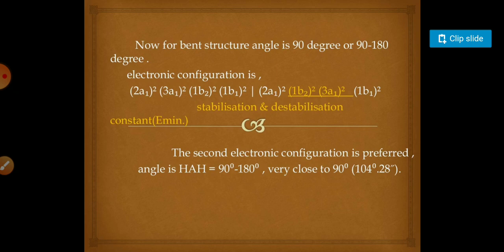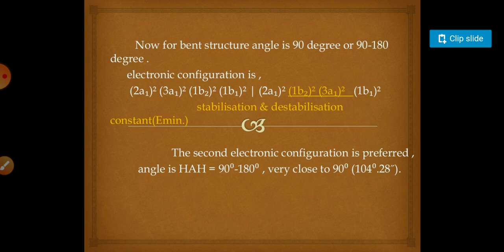Now the bent rule is applied for this kind of molecule, and the bond angle is 90 to 180 degree, and the electronic configuration for this compound is like that. So the second electronic configuration gives the perfect angle, which is very close to 90 degree, that is 104 degree 28 minutes.